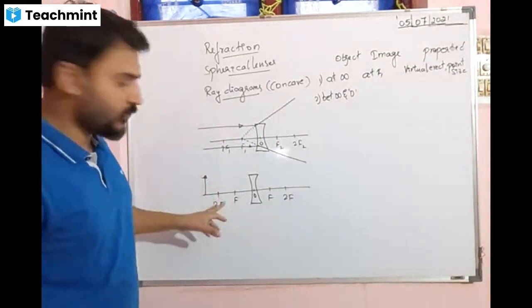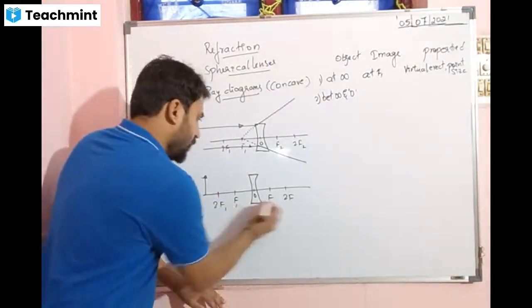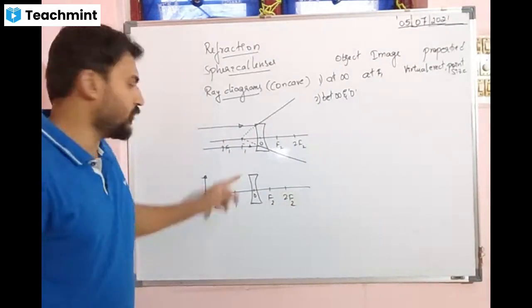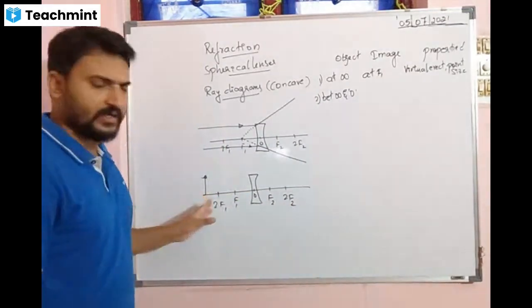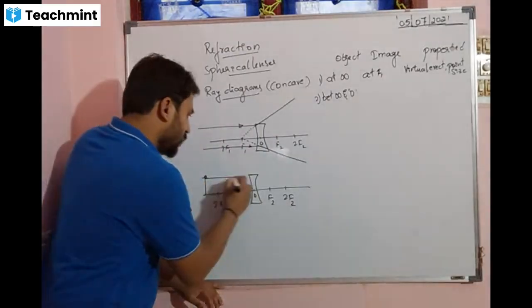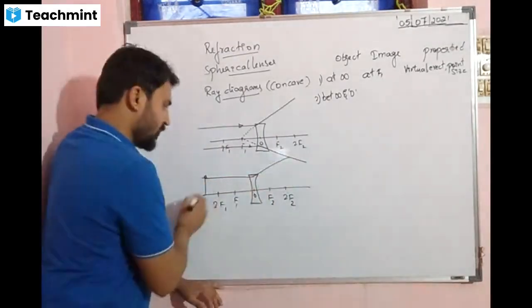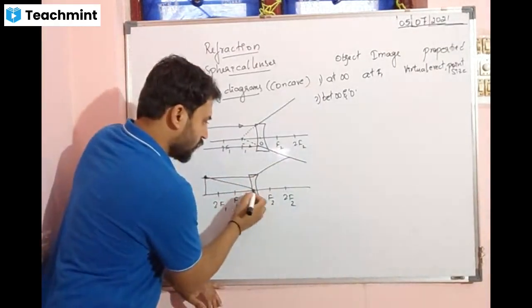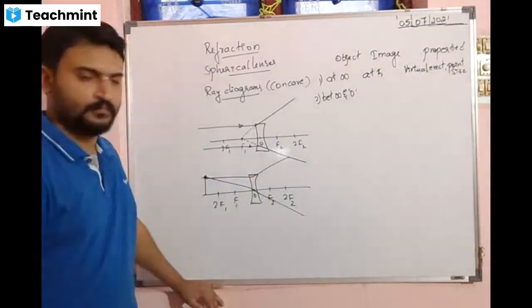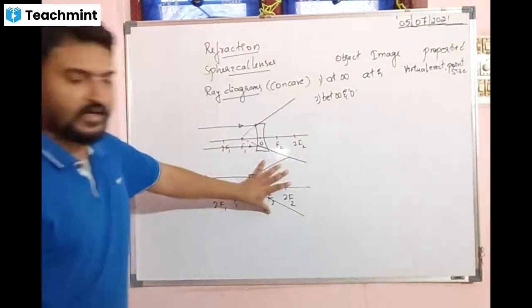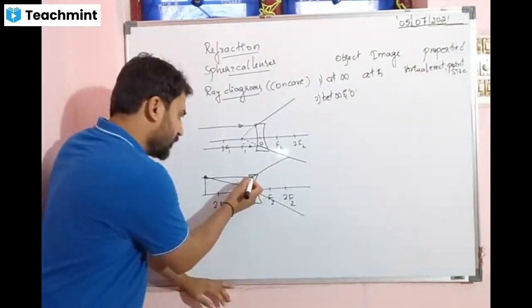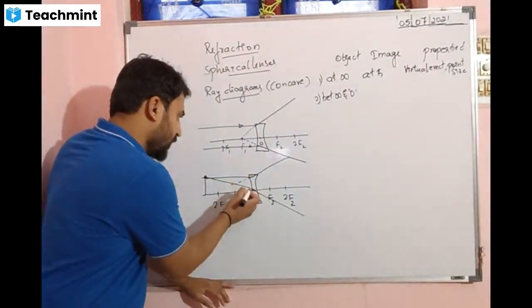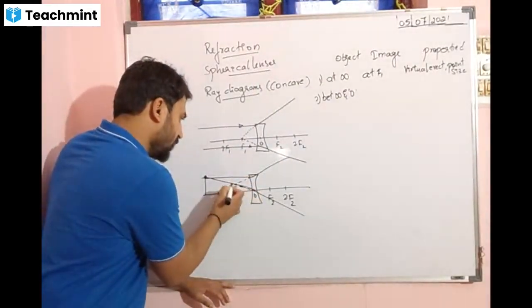It may be at 2F1 also, it may be at F1 also, it may be between O and F1 also, anywhere. So I have just taken it here. When the rays go and hit, they diverge and the ray passes through the optic center. So both are divergent rays, they will not meet anywhere, so we have to bring them back. Somewhere here it is going to meet.